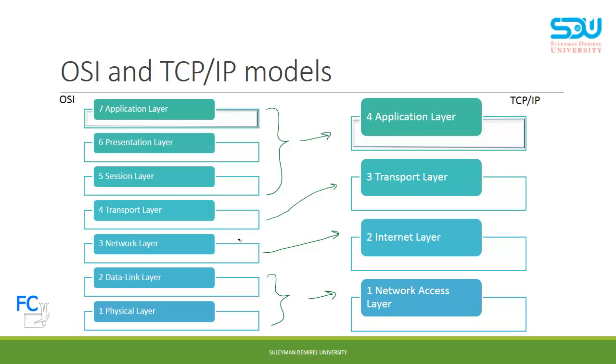If you want to compare them, layer number 7, layer number 6, and layer number 5 are the same as layer number 4 in the TCP/IP model. Layer number 4 is the same as layer number 3. Layer number 3 is the same as layer number 2. Layers 2 and 1 are the same as layer number 1 in the TCP/IP model.